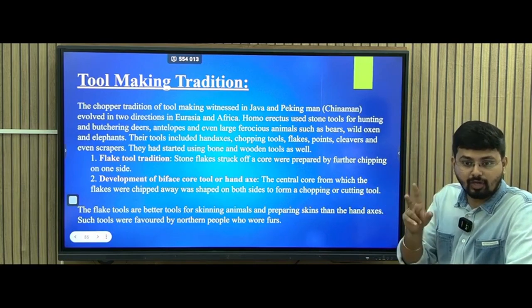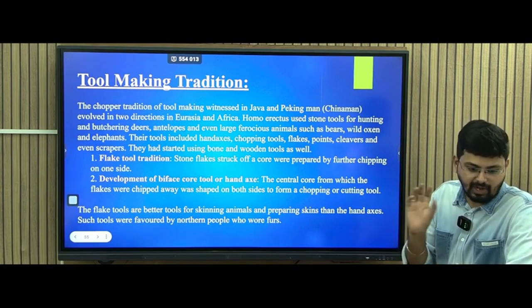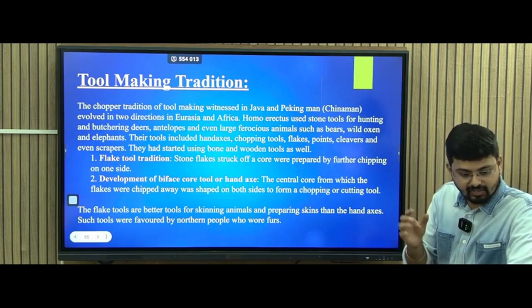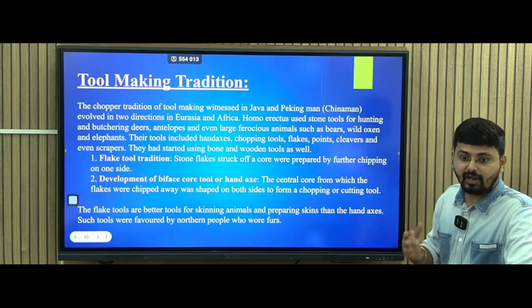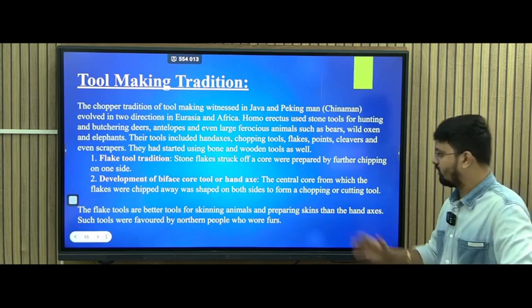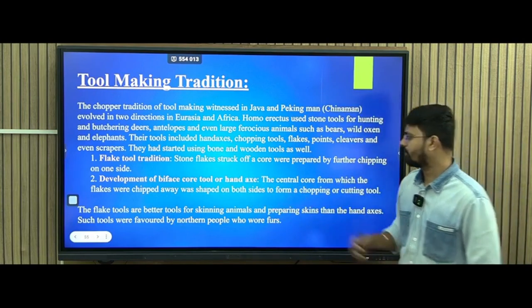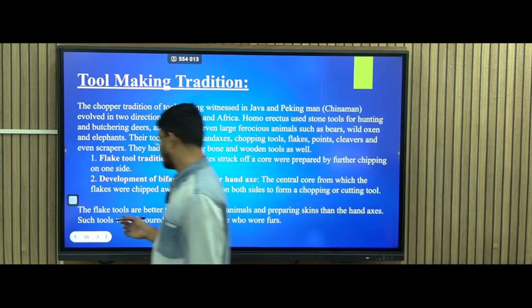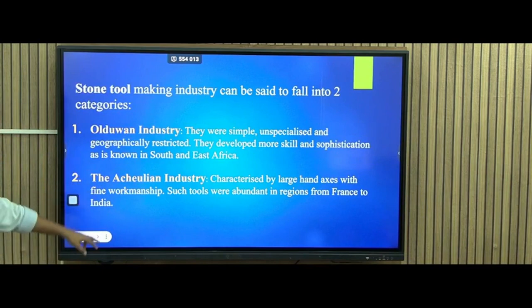Hand axes have two types, Abbevillian and Acheulean. Abbevillian means the hand axes are not refined, they are crude, whereas Acheulean is refined and bifacial. So here you have the biface core tool or hand axe. These are the tool making traditions which they further classified.